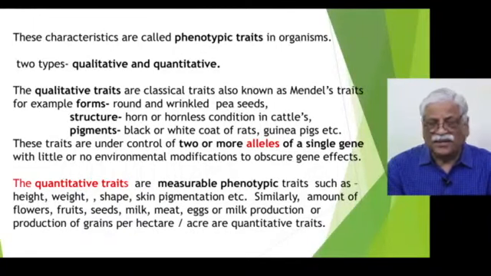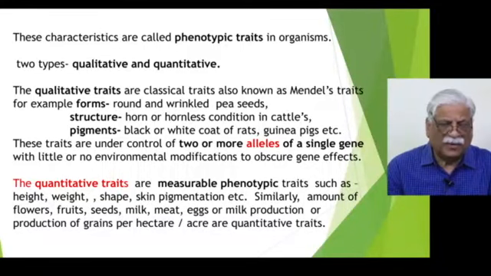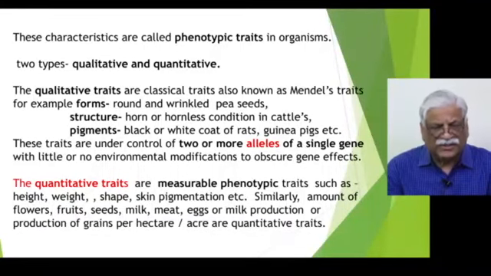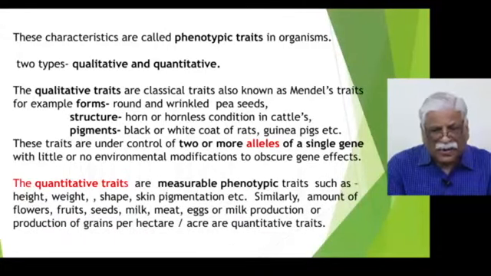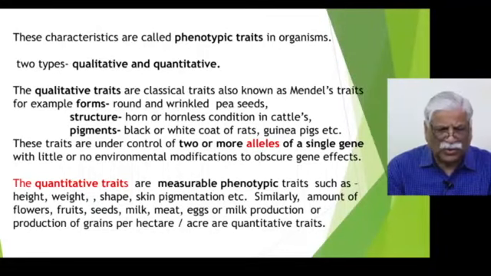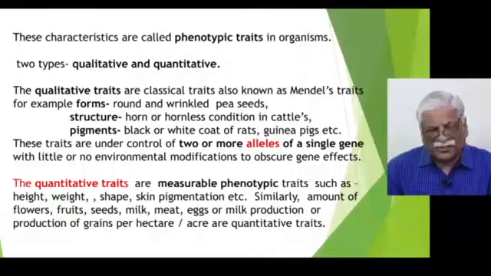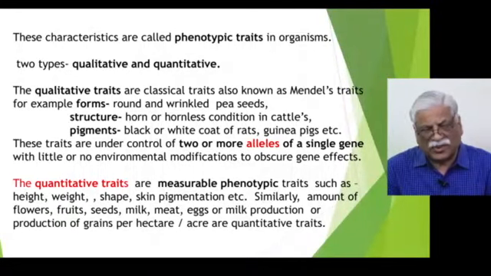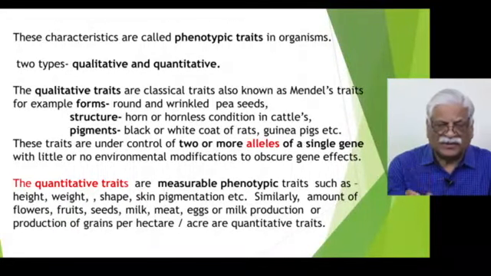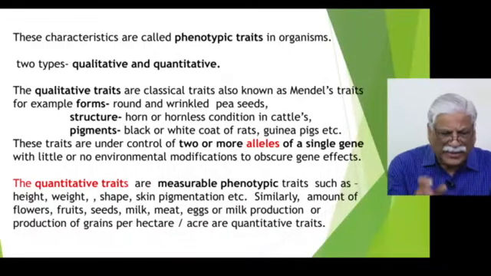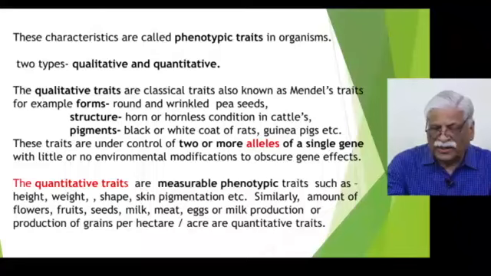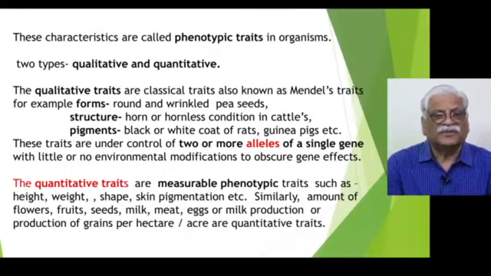And similarly, the amount of flowers on plants, amount of fruits on plants, seeds produced by a particular plant, amount of milk produced by a particular cow or goat, total meat of that particular animal, number of eggs produced or total milk production. So, any characteristic which is related to quantity is known as a quantitative phenotypic trait.